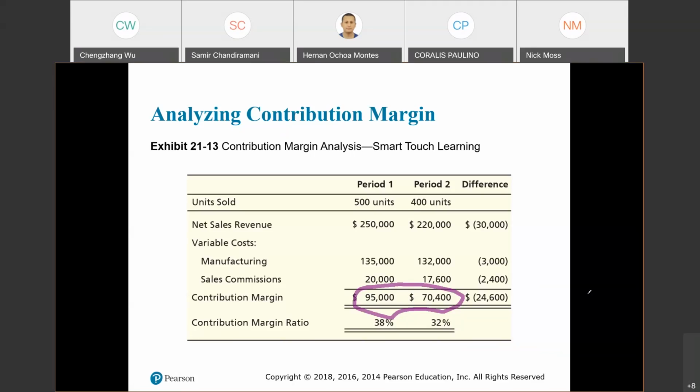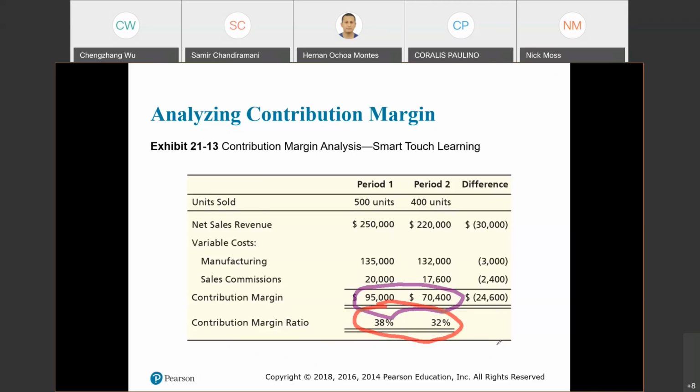But that doesn't explain the decrease in contribution margin ratio, because theoretically, when the units sold decreases from one period to another, the contribution margin decreases. That's normal.